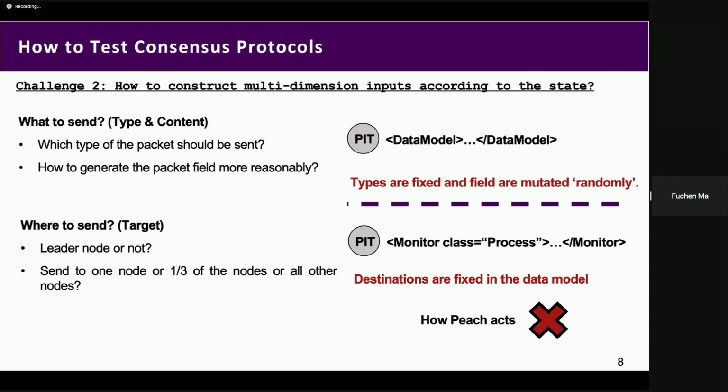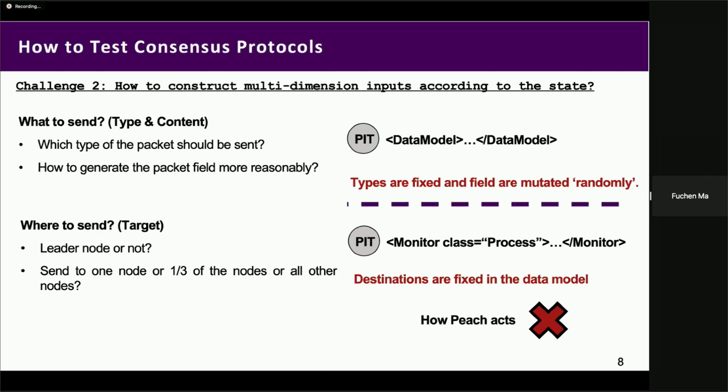The other challenge is how to construct multi-dimension inputs according to the state. Here multi-dimension means three aspects: the type of the generated packet, the content, and the target. For the first two aspects, traditional fuzzers such as Peach can only send packets with fixed types and mutate the content randomly.